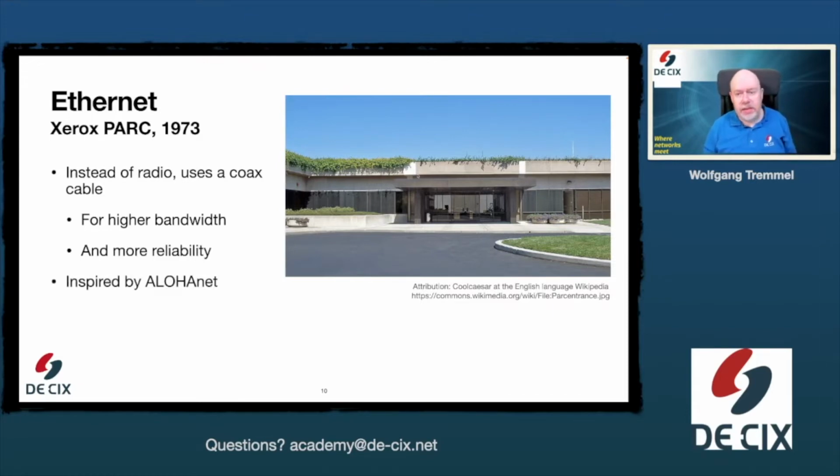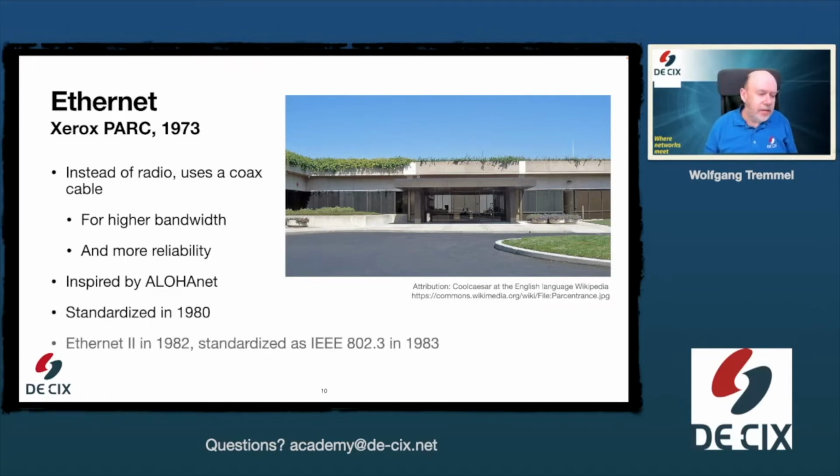The whole setup was standardized first in 1980, then as Ethernet 2 in 1982, and then as IEEE 802.3 in 1983. And this is basically what we're still using today. So how did this early Ethernet look like?